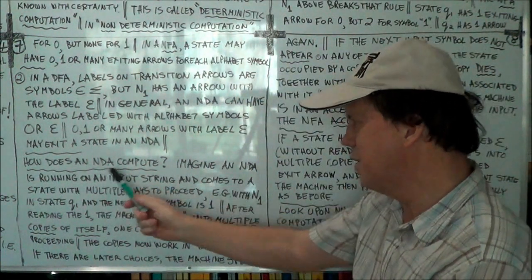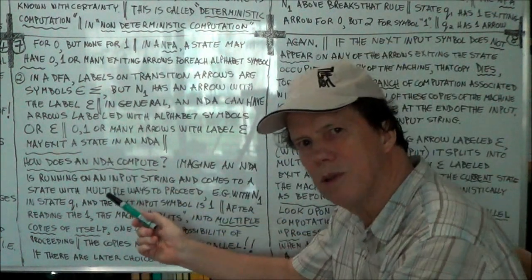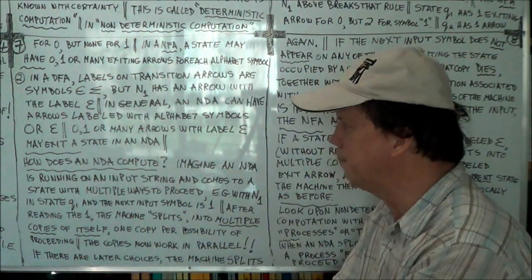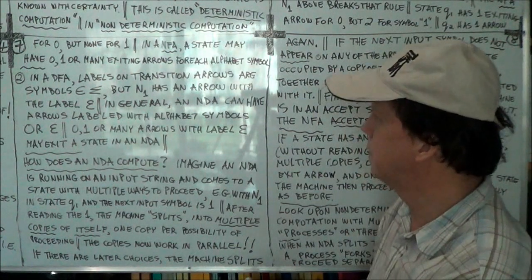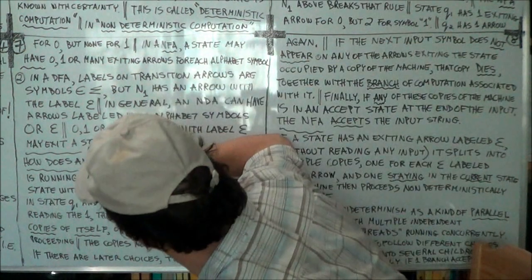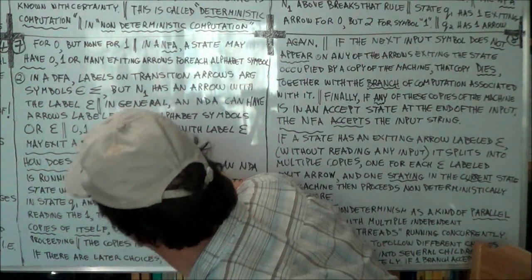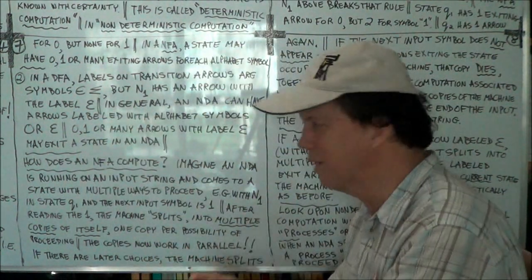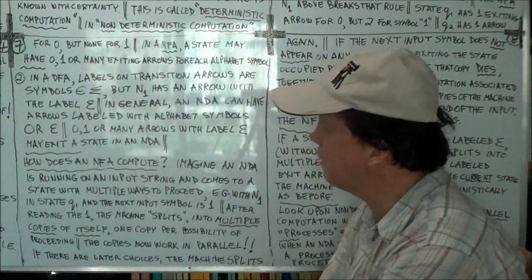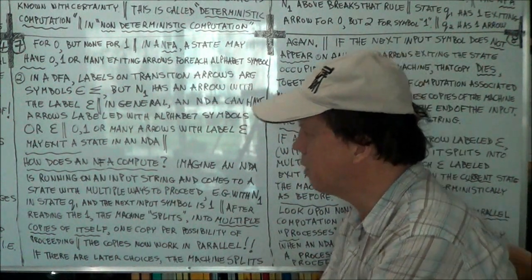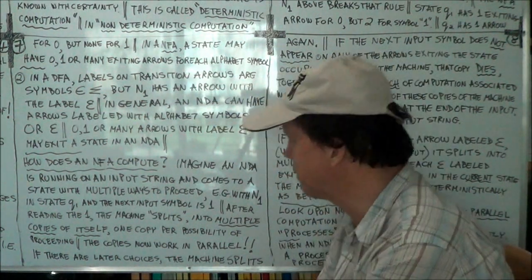Right. So essentially, it just chugs along in the same old way as a DFA. So how does an NFA, non-deterministic finite automaton, how does it compute?